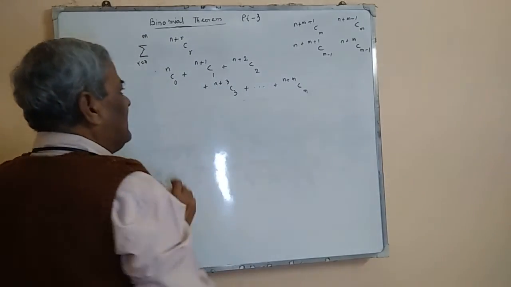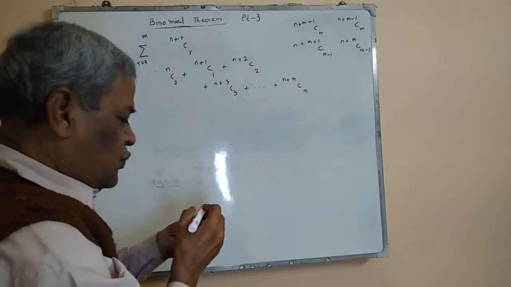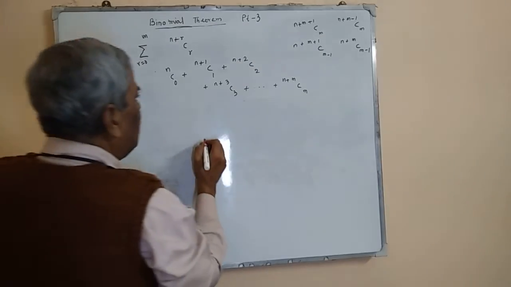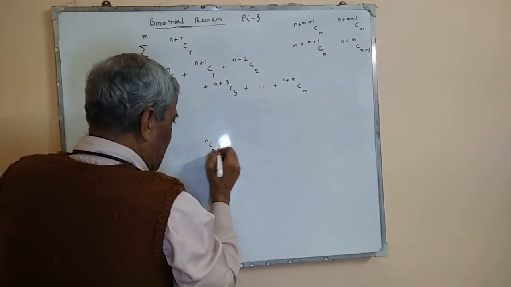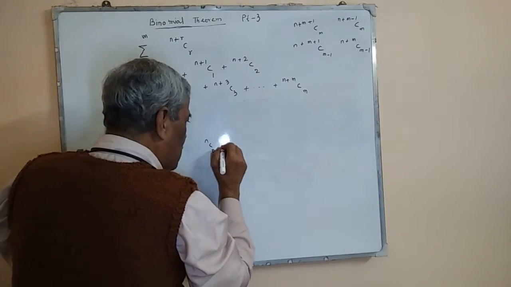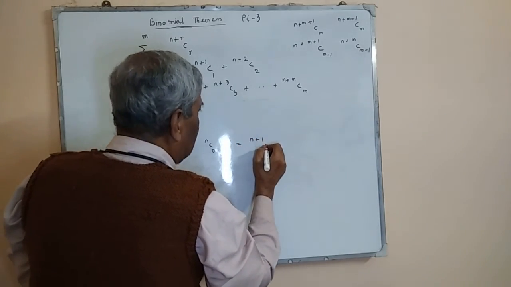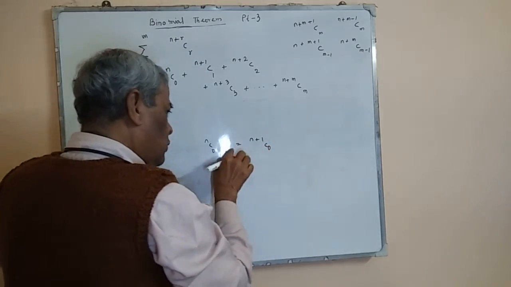But it is clear that n C 0 is 1, which equals n plus 1 C 0. This is also 1.